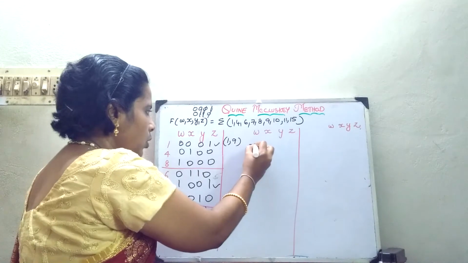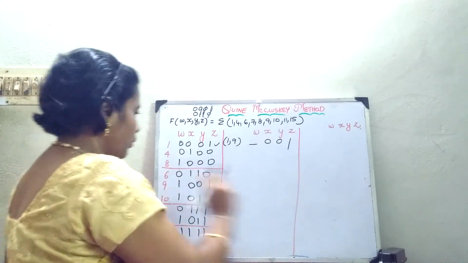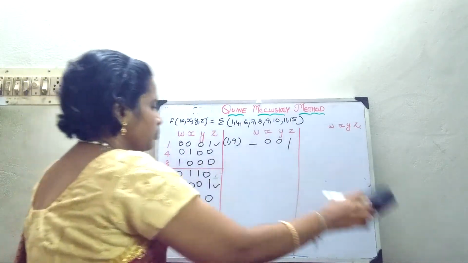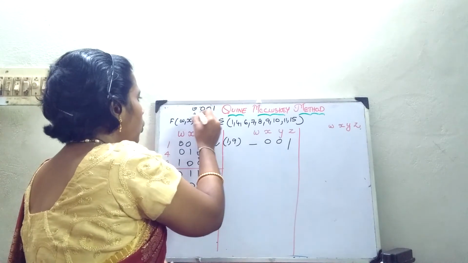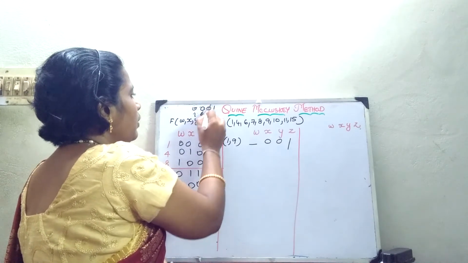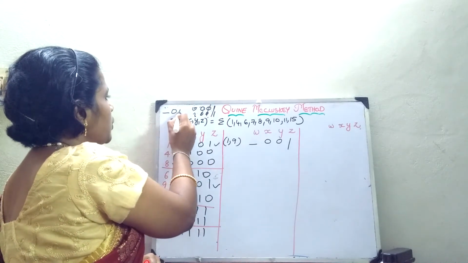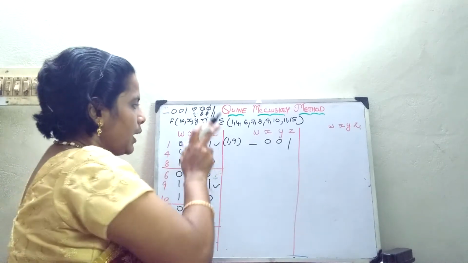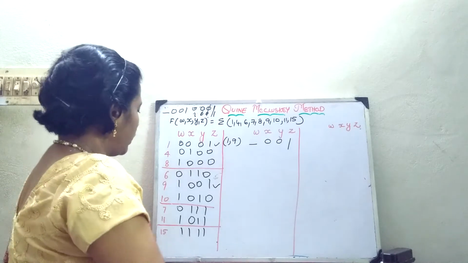So in that place alone I put a dash and write dash 0, 0, 1. All 3 other variables are matching, and this alone is differing. So there should be only a single variable change. Like this we have to fill the entire table. That's all, so 1 comma 9 is over.